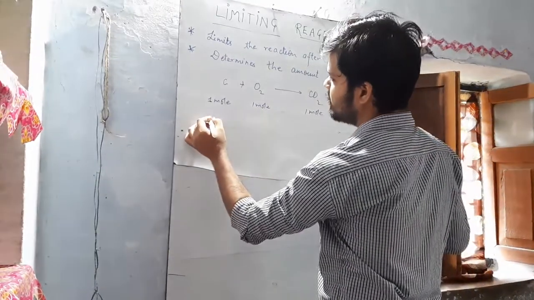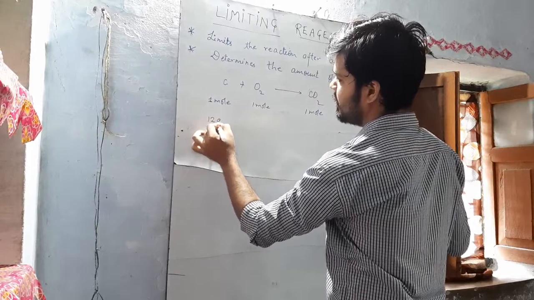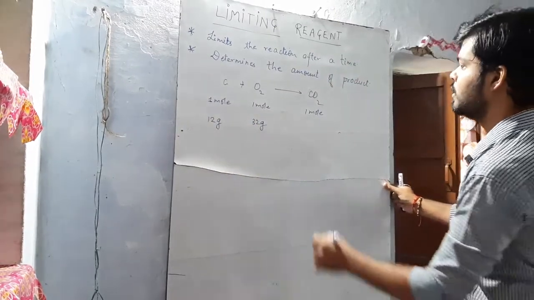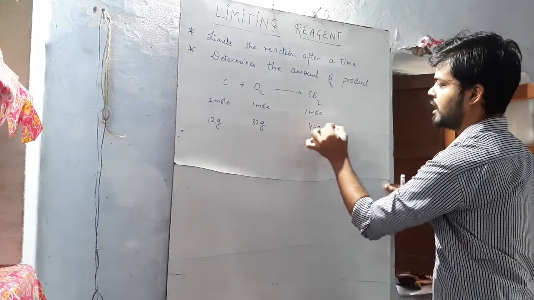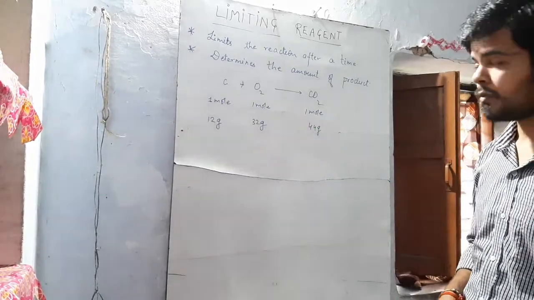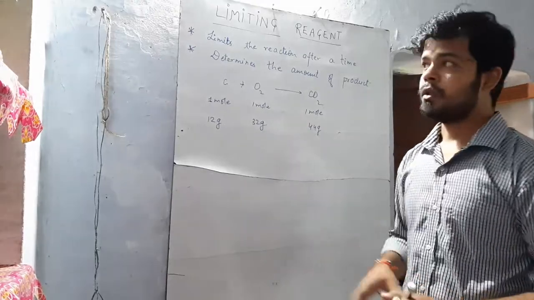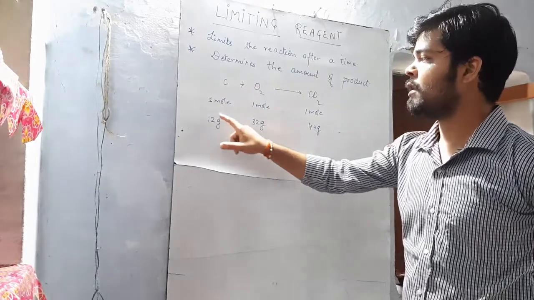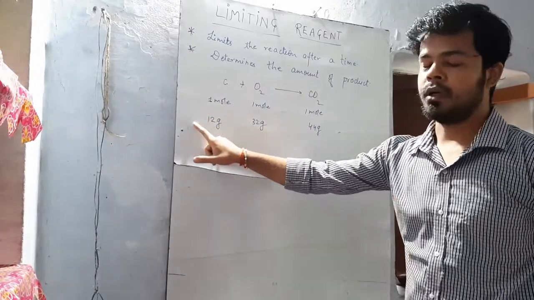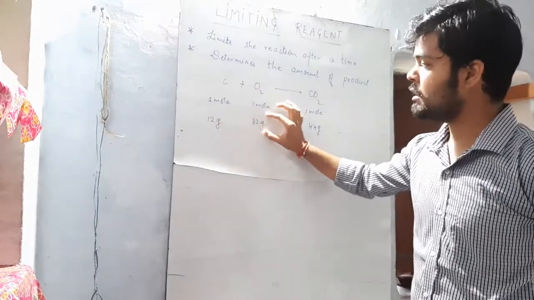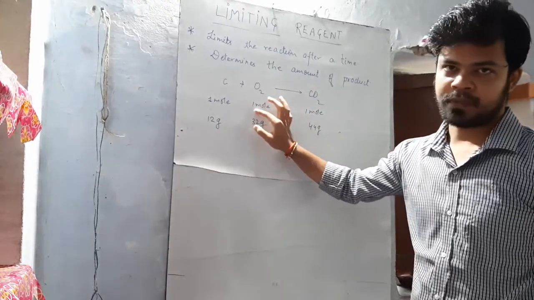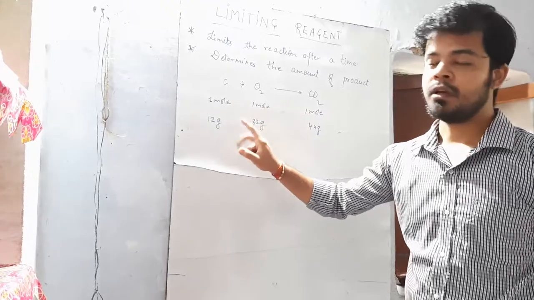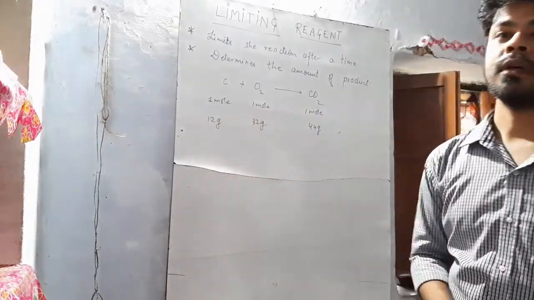In weight, we can say 12 gram carbon reacts with 32 gram oxygen to give you 44 gram of carbon dioxide. Now, this reaction tells us that for the burning of 12 gram of carbon, we need 32 grams of oxygen. We at least need 32 gram of oxygen for the burning of 12 gram of carbon.